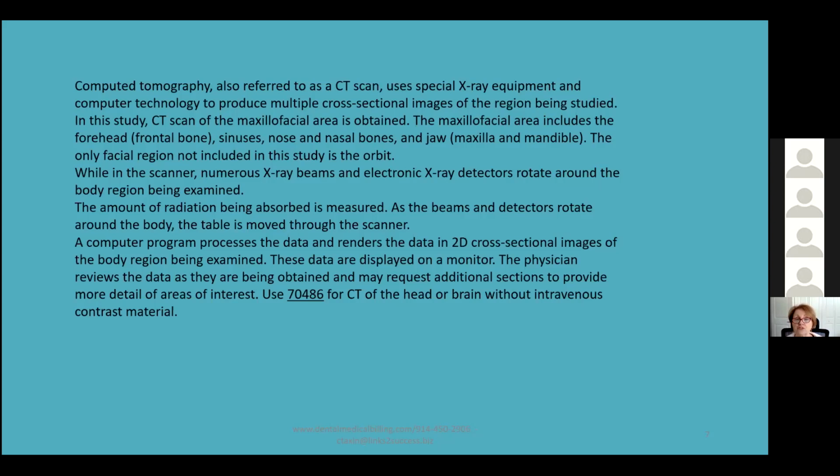And the only facial part that's not in that particular CBCT scan is the orbit. So why do you need to learn how to read and write all of it? Because you're obtaining a scan that includes all those things.